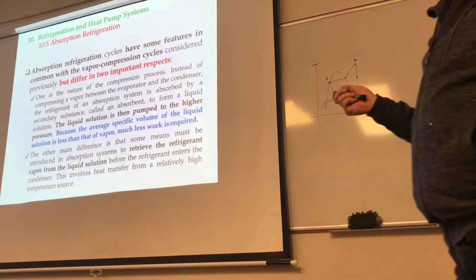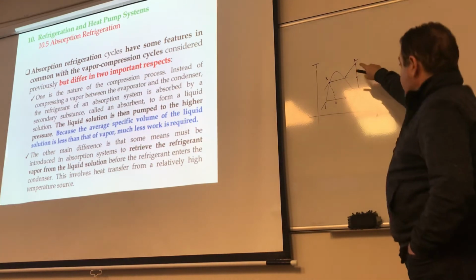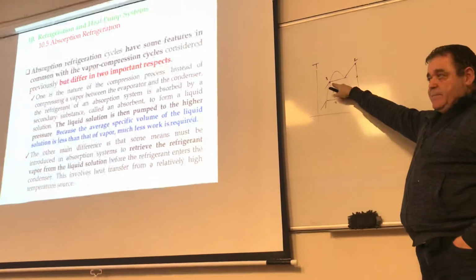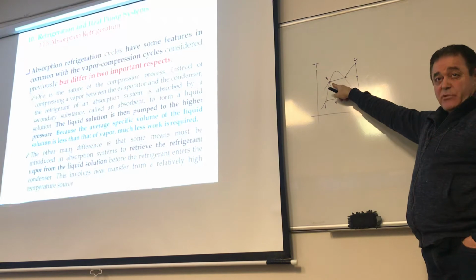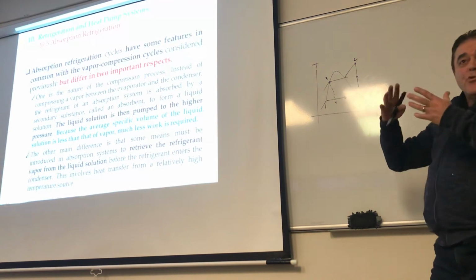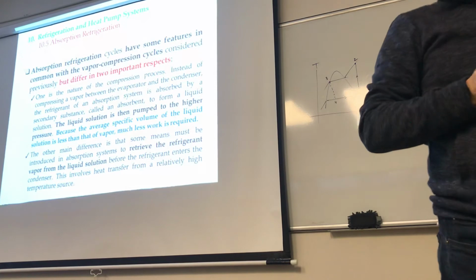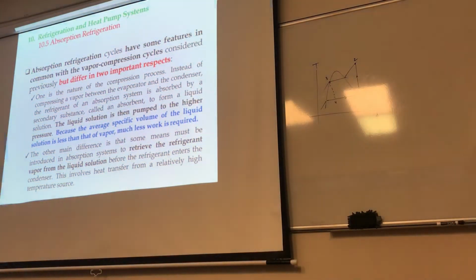We will look at the schematic in just a second. That's the first difference that's occurring right here. The other main difference is that some means must be introduced in the absorption system, because by the time you go between 2 and 3, you are going through the condenser. Now, you don't want to have a mixture of water and refrigerant at the same time going through a condenser, because they don't have the same properties.